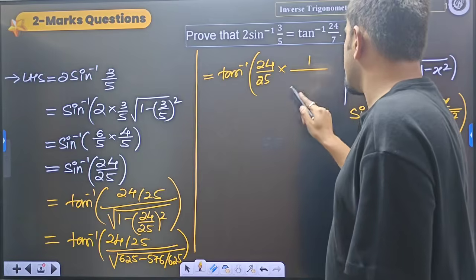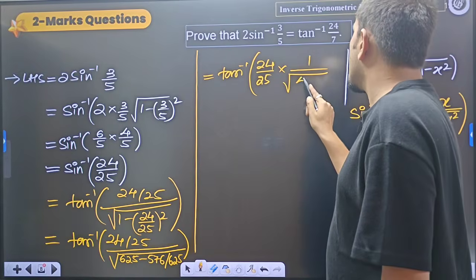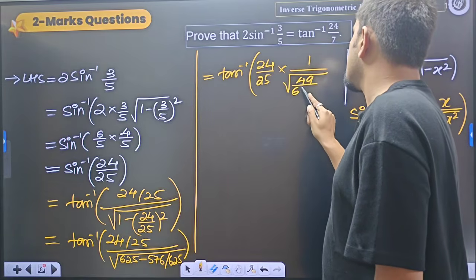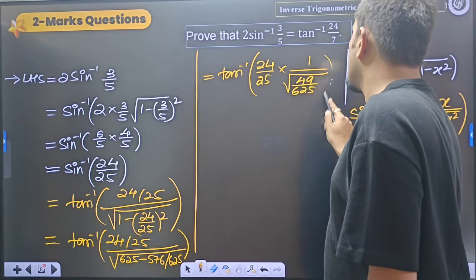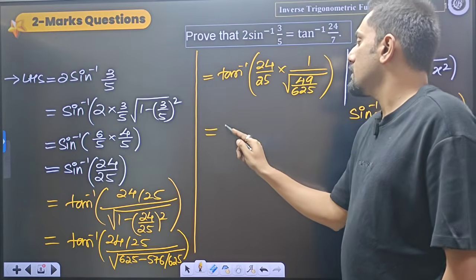This I will write as 1 divided by under the root of 49 divided by 625. What is the root of 49? That is equal to 7.